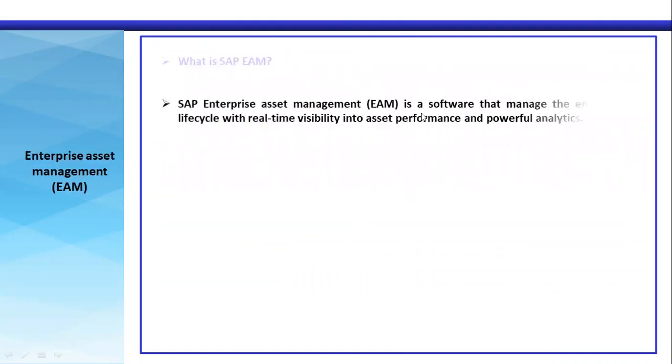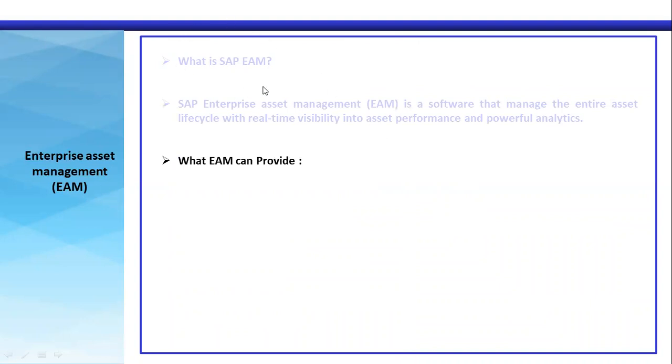SAP EAM is a software that manages the entire asset life cycle with real-time visibility into asset performance and powerful analytics. Enterprise asset management supports organizations with end-to-end processes centered around plant maintenance to efficiently manage their enterprise assets, resulting in reduced operation cost, improved EHS performance, and asset utilization.